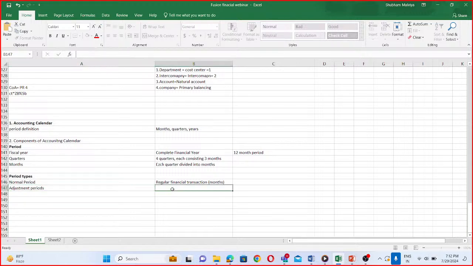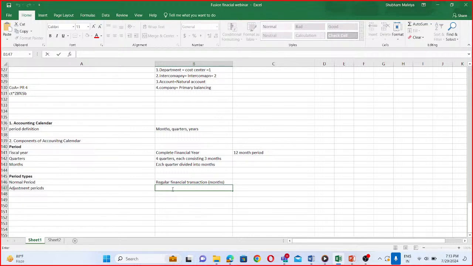So in the adjustment period, it's a special period used for making adjusting entries. And when do we adjust the entries? Often at the end of the fiscal year.